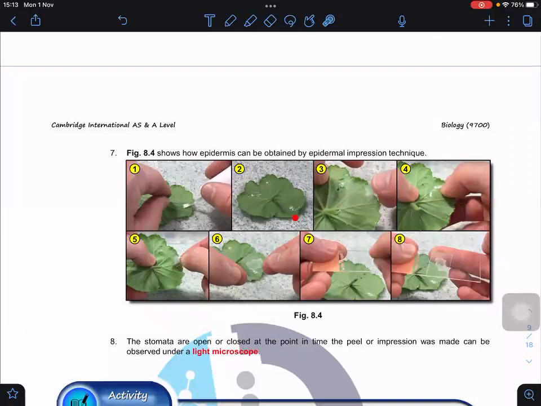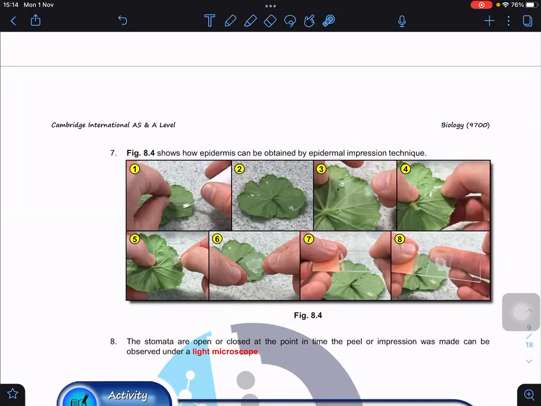Because of the nail varnish, we have the imprint of the stomata. We place it on the slide and can view it and count the number of stomata. Are you clear? This process is known as the epidermal impression.